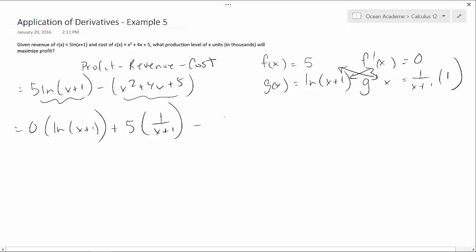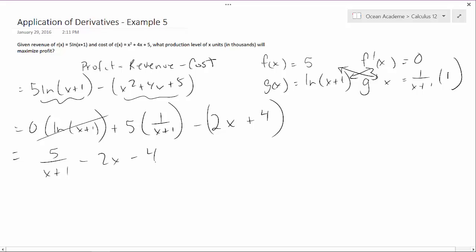So here we take the derivative, so that's going to be 2x plus 4. Now let's expand this. This will all be 0. So we've got 5 over x plus 1 minus 2x minus 4.